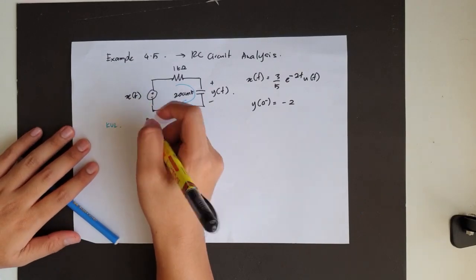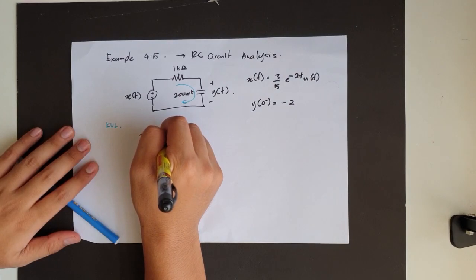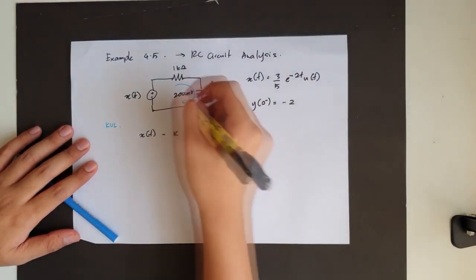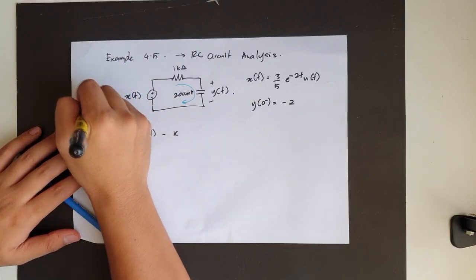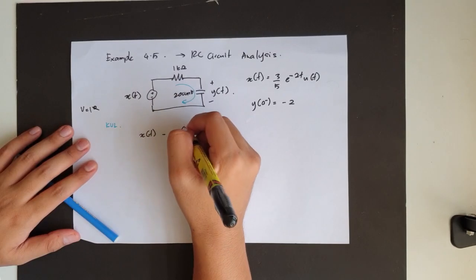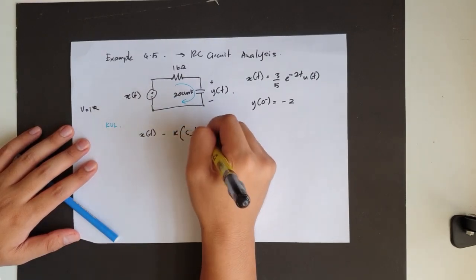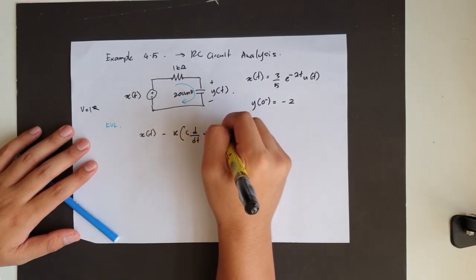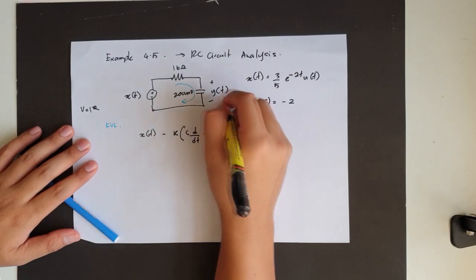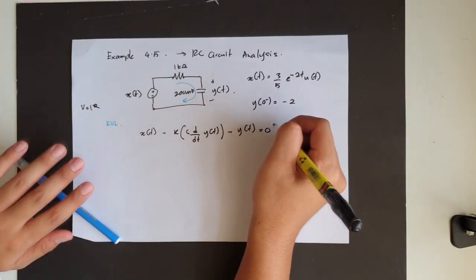So how do we write it? x(t) minus R times i. Do you remember V = IR? So we have R and the value of i, which is C d/dt y(t).